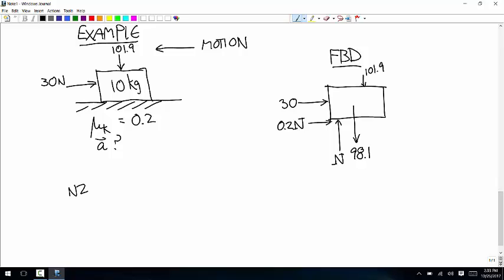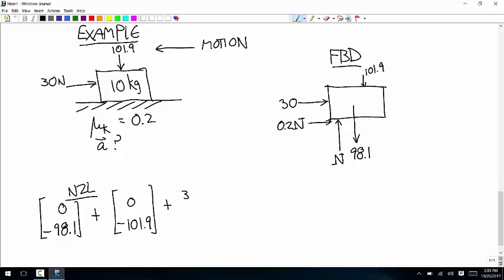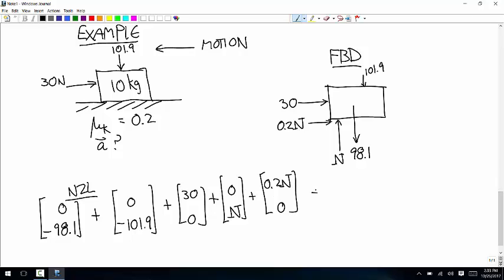So now Newton's second law says (0, -98.1) plus (0, -101.9) plus (30, 0) plus (0, N) plus (0.2N, 0) is equal to 10 times the acceleration.